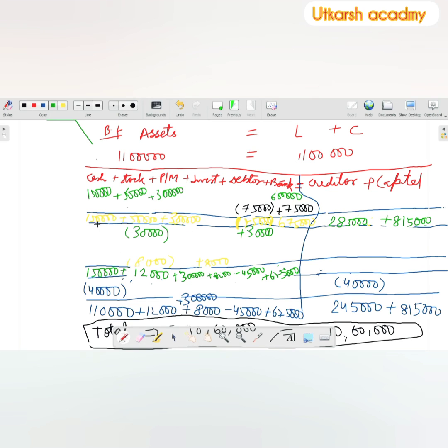Now we will total up: 1,50,000, 50,000 stock, plant and machinery 3 lakh, debtor negative 75,000 because it has been shown in bracket, bank 6,75,000 equals 2,85,000 plus 8,15,000. Fine. Now we'll move to the next transaction.